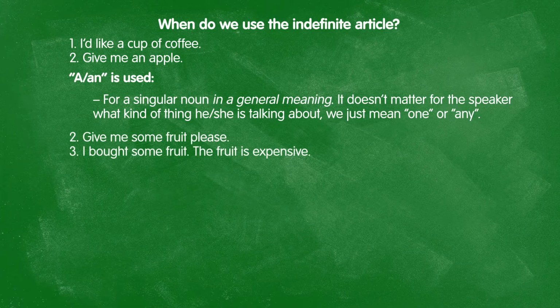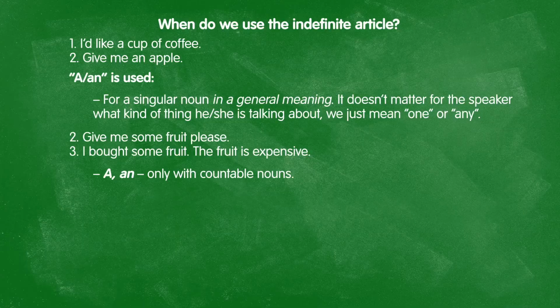You would need to say, please give me some advice, or simply, please give me advice. But we do not use the indefinite article with uncountable nouns, only with countable nouns. So, if we paraphrase the previous example, it sounds like we're saying, give me some fruit, please. Or, I bought some fruit.